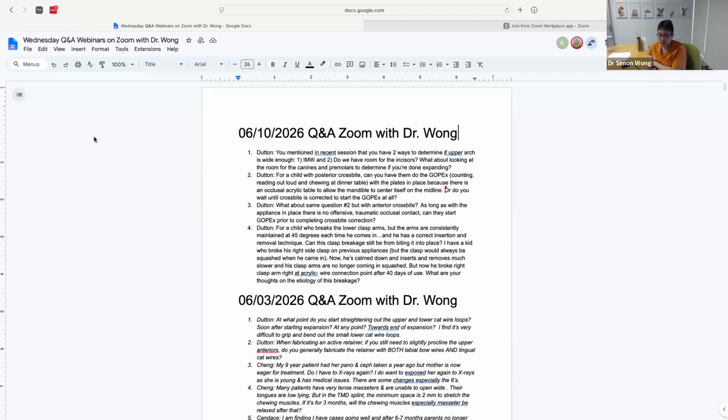And studies by Banker, studies by McNamara show intermolar width on average being about 37, 38 millimeters for reasonable orthodontic alignment occlusion.